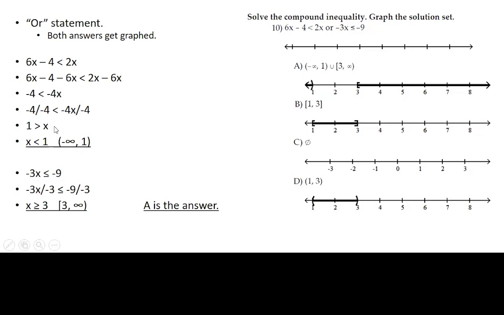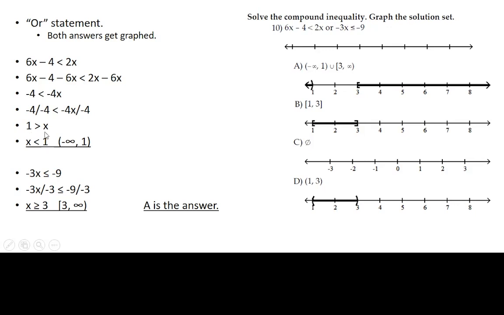We do get the x by itself on the right. -4 divided by -4 is +1. Negative divided by negative is positive. And the sign flips from less than to greater than because we divided by a negative number. We divided by -4 on both sides. That flips the inequality sign.